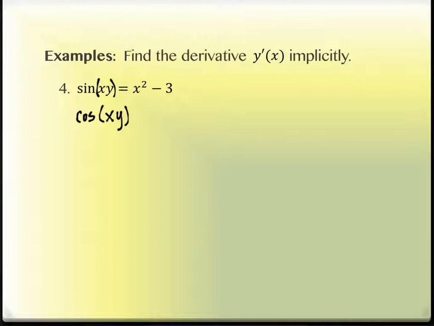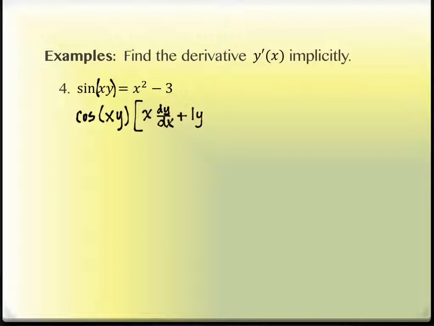Now I need to take the derivative of the xy that's inside. I'm going to put a bracket so that I can kind of separate it. But like you guys said, xy is a product. So we have to use the product rule. All right, so what's the derivative of xy? x dy dx plus 1y, or y.